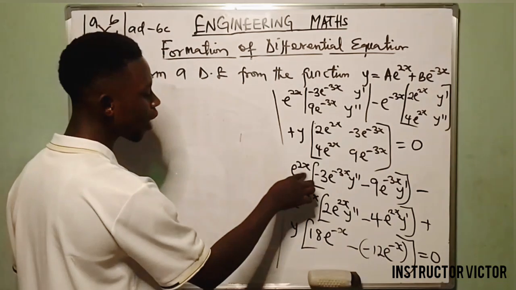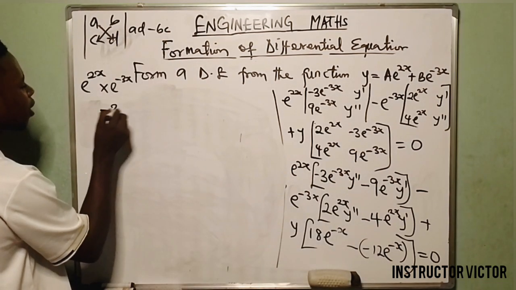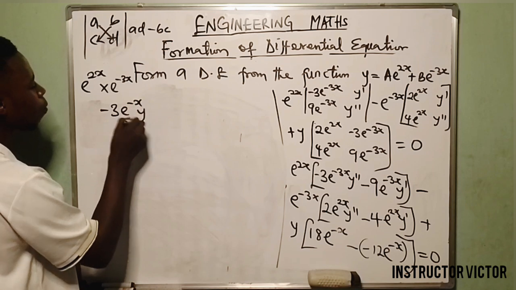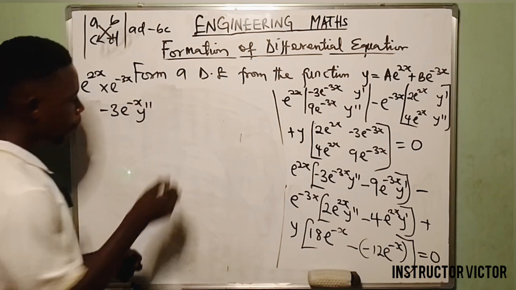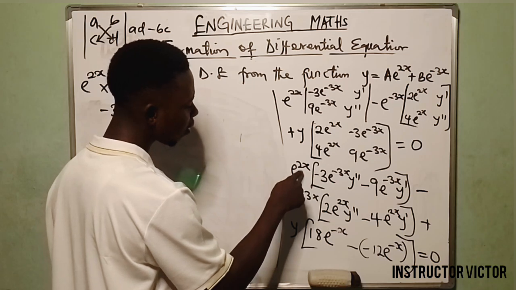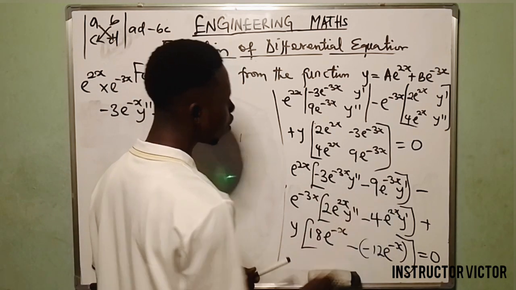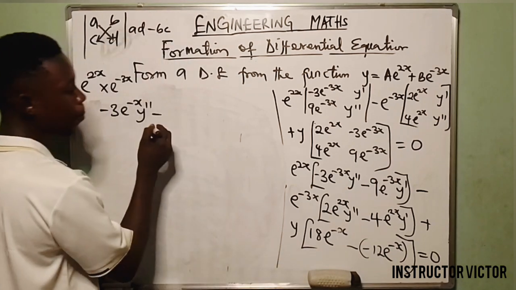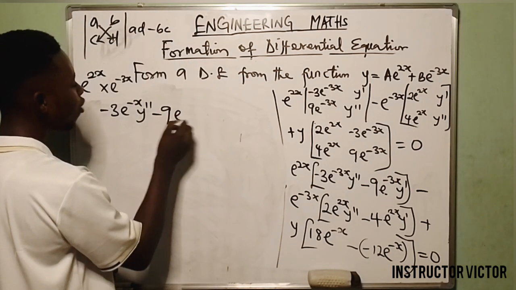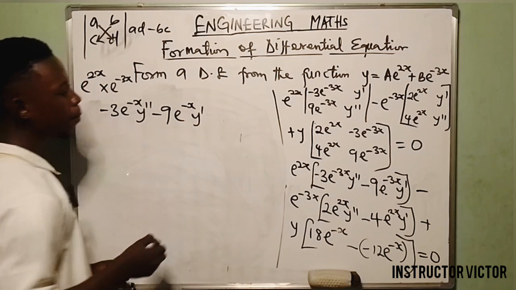So exponential 2x multiplied by this, we are going to have minus 3 exponential minus x y prime prime, minus the same thing applicable to this part, exponential 2x multiplied by minus 9 exponential minus 3x, we are going to have minus 9 exponential minus x y prime.